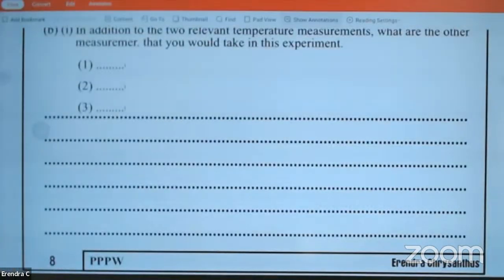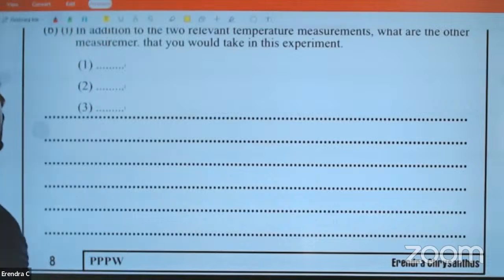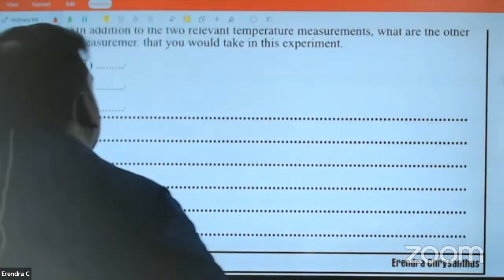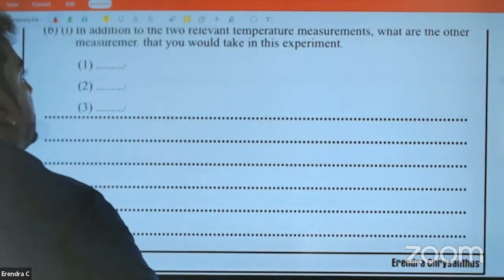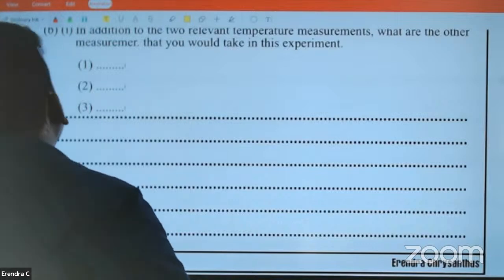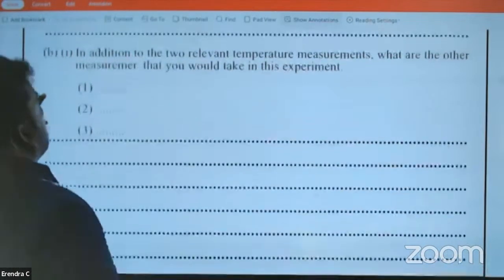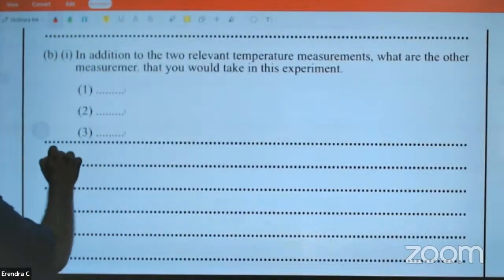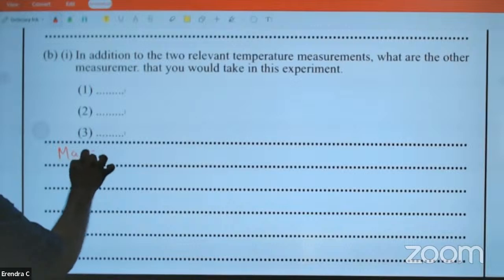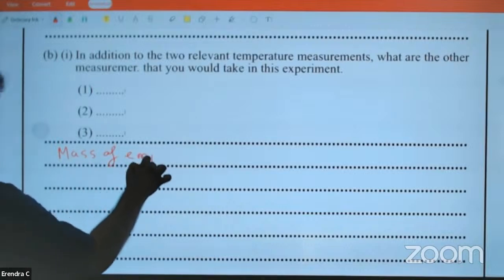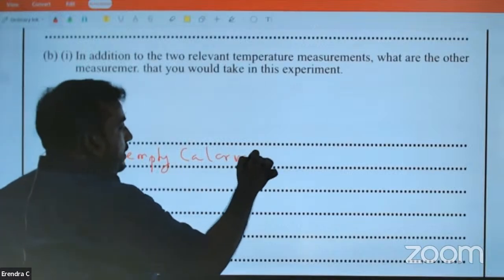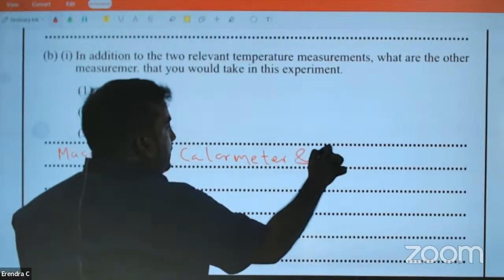In addition to the two relevant temperature measurements, what are the additional measurements that you will take? Let's say: mass of empty calorimeter and stirrer.